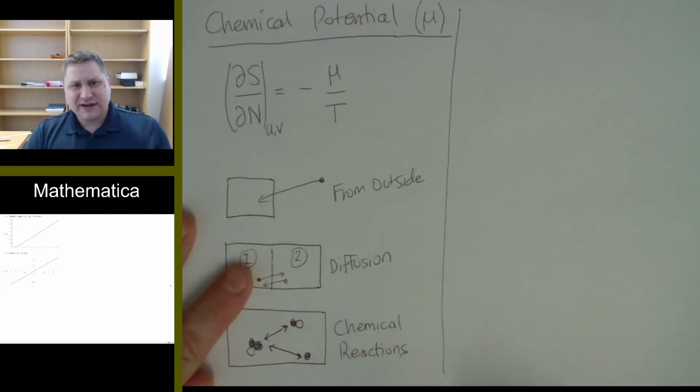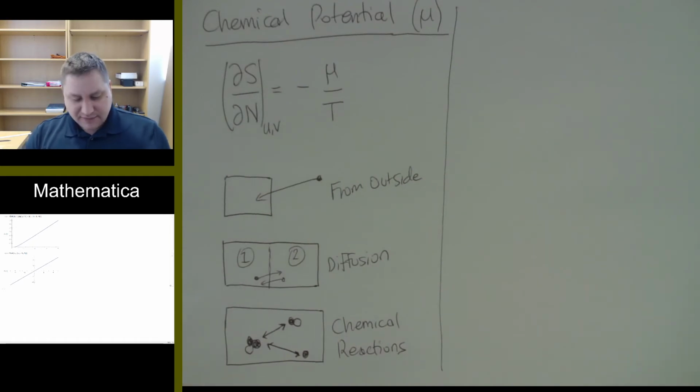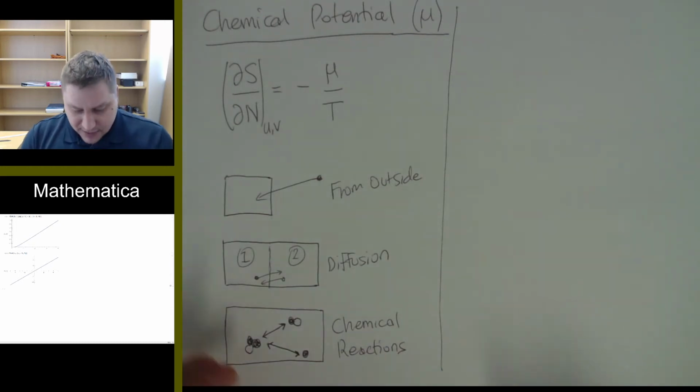It's not really appropriate to go into too much detail about the chemical potential at this time, because we need to treat it appropriately, give it its due, spend the time talking about chemical reactions themselves and how they're allowed to happen, what the reactions are, and how we get the chemical potential of each molecule. So we'll come back to that much later, but I did want to give you that awareness of what the chemical potential is all about.